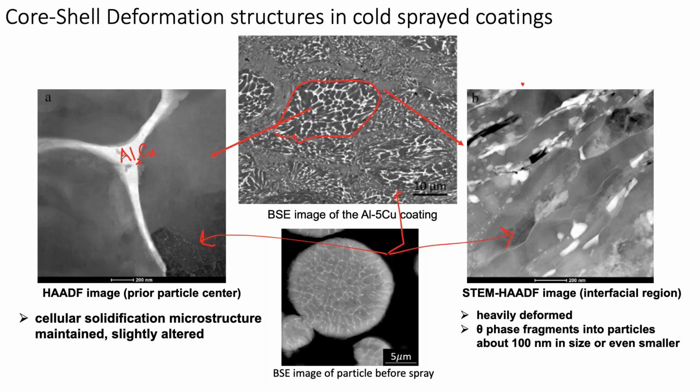You might just think it's the powder. But clearly the level of plastic strain in between particle impacts just shatters it. All these little bright areas used to be one of these networks, but now it looks like this. So if it's plastically deforming, it's certainly not very much.